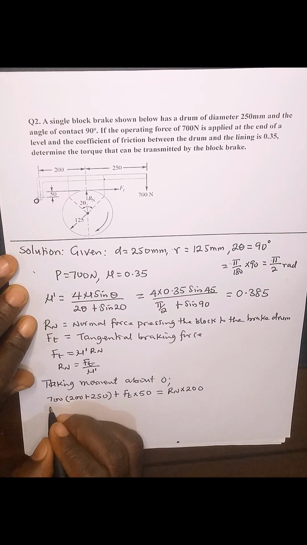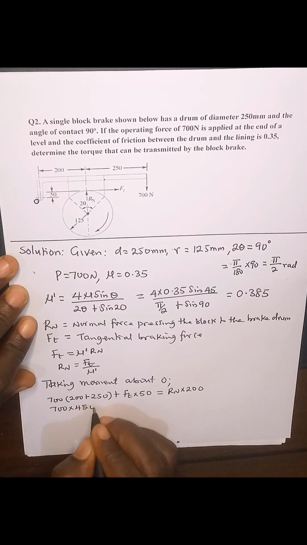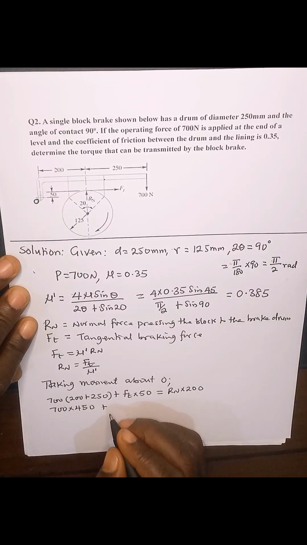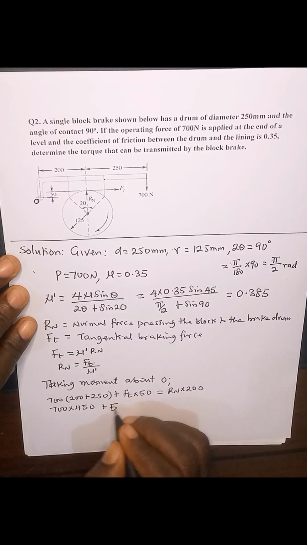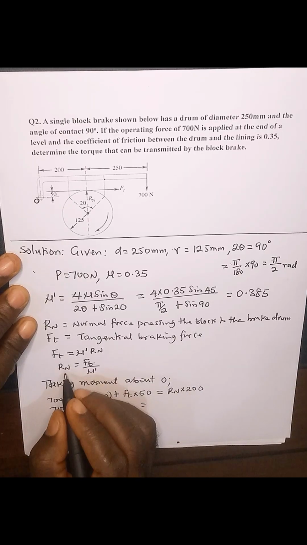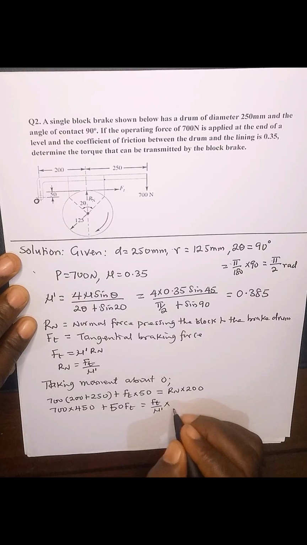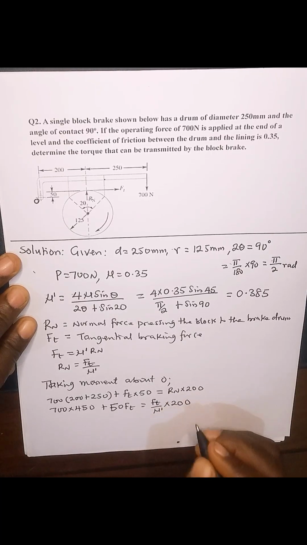Then from here, we have 700 multiplied by 450 plus 50 Ft is equal to, remember from here, our Rn is equal to Ft over mu prime, then times 200.